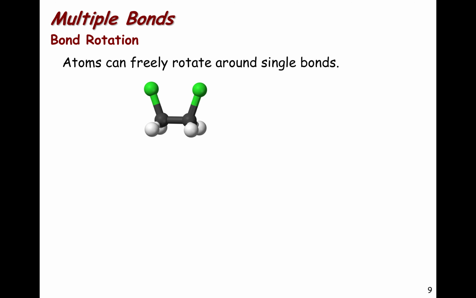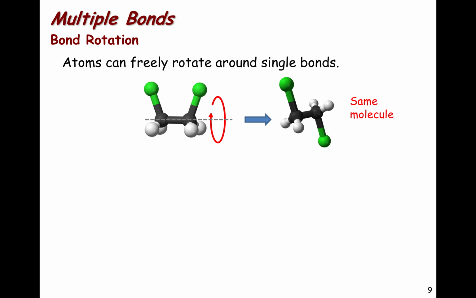And so typically these rotations are occurring quite rapidly at room temperature. So we end up getting a twisting of the structure, and we come up with quite a number of possible orientations of all the atoms in a molecule, as you see here.